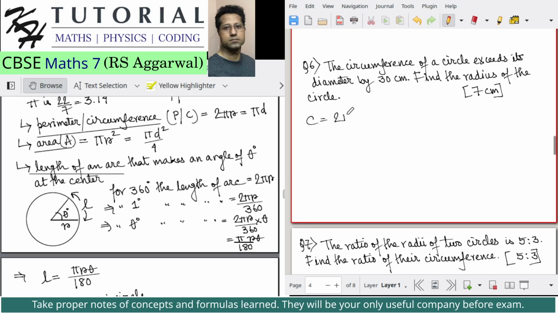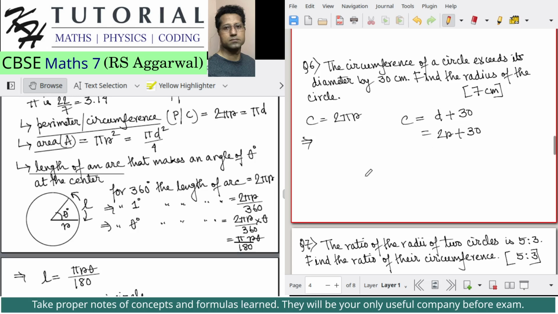Circumference is 2 pi r, and it is also given that the circumference exceeds its diameter by 30 centimeter, which means circumference is equal to diameter plus 30. D is 2r, so C is 2r plus 30.